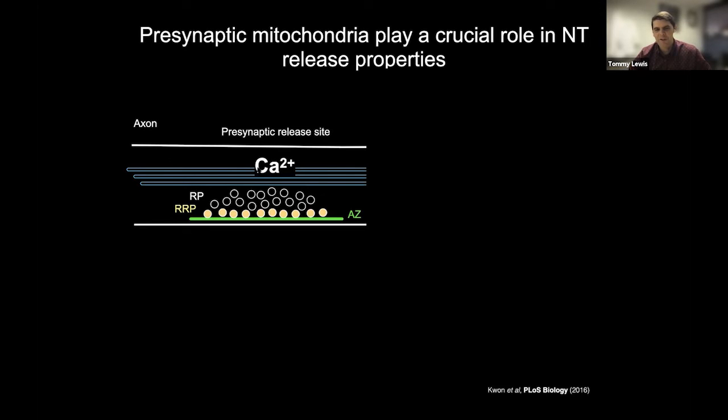This influx of calcium is what triggers the exocytosis of neurotransmitter from that presynaptic site.